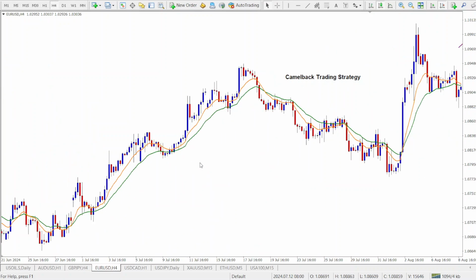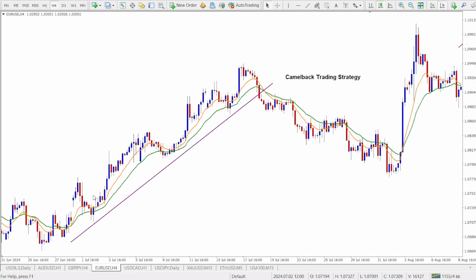You can see here we had a pullback to the moving average, and again and again. These pullbacks often act as support in an uptrend. You can see this is a clear uptrend, and the moving averages were acting as dynamic supports. And these are the camel humps.